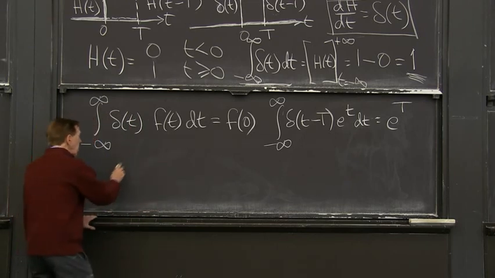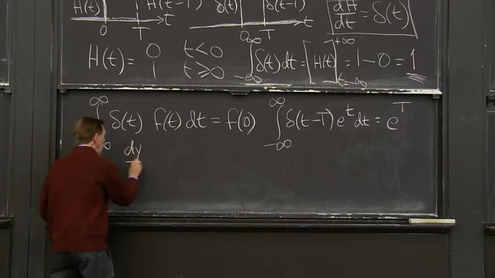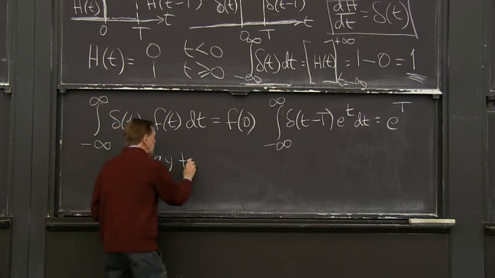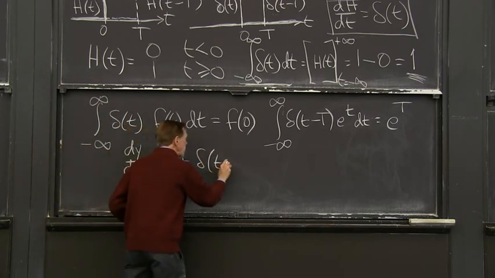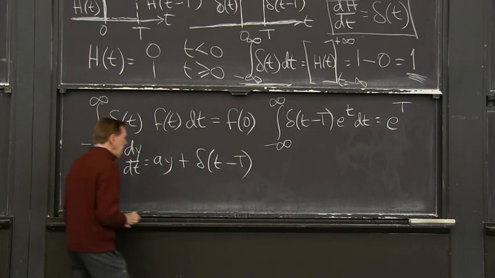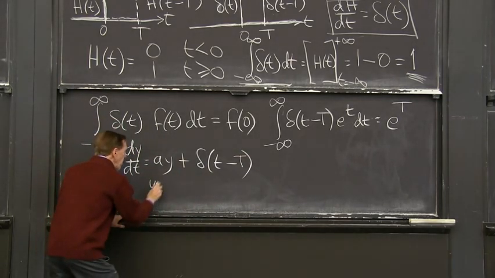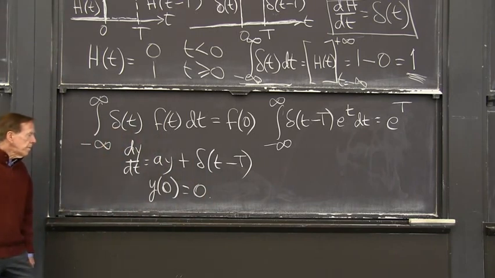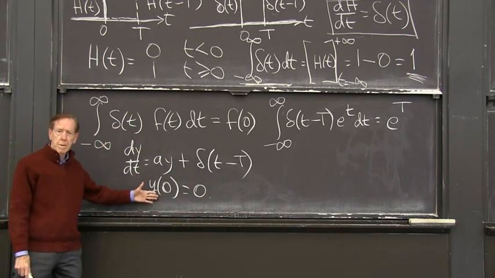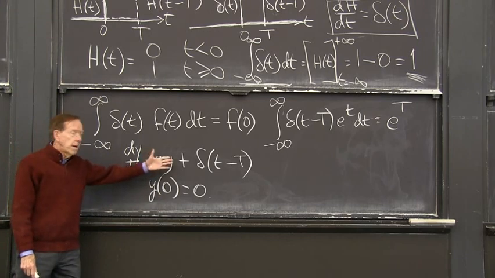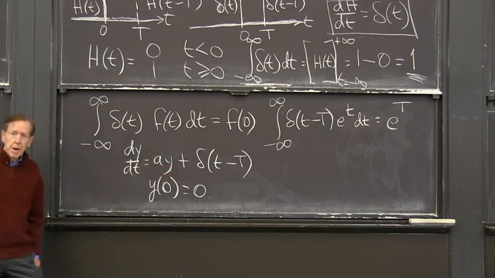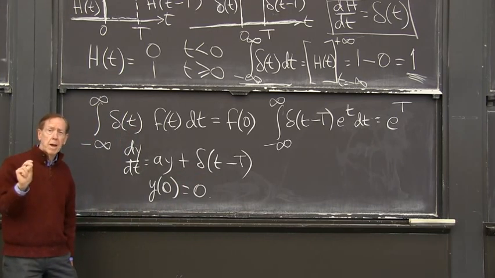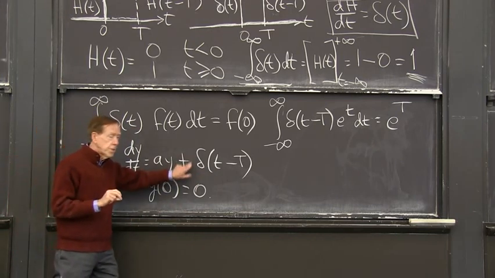But let me solve the equation dy dt equals ay plus the delta function turned on at capital T. And let me start it from 0. So I don't make any initial deposit to my account. I don't make any deposit at all, except at one moment, t equals capital T, and in that moment, I deposit $1. Because this is the unit delta.